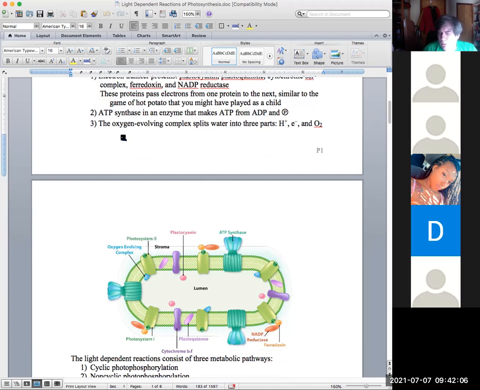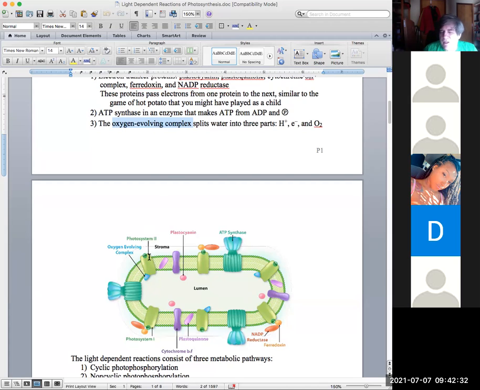And then finally, we have a third molecule, or actually a group of molecules called the oxygen evolving complex. And the oxygen evolving complex are these little kind of blue ovals. And remember when we talked about the plasma membrane, we said that you could have proteins that were stuck right on the surface that were called peripheral proteins.